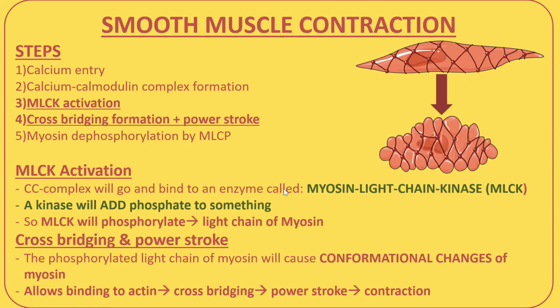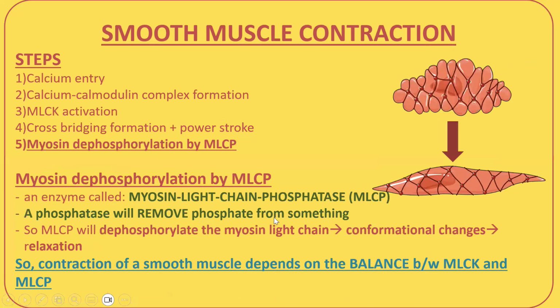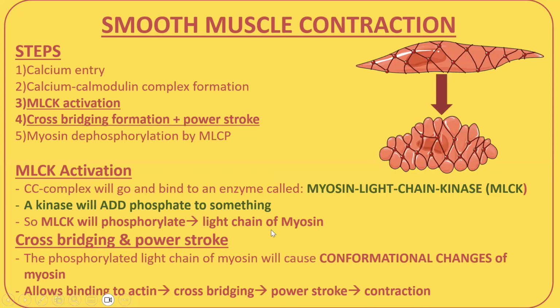A rule in everything: a kinase will add a phosphate to something, a phosphatase will remove a phosphate from something. So myosin light chain kinase will add phosphate to the myosin light chain, meaning it will phosphorylate this light chain. And when something is phosphorylated, generally it will be activated.